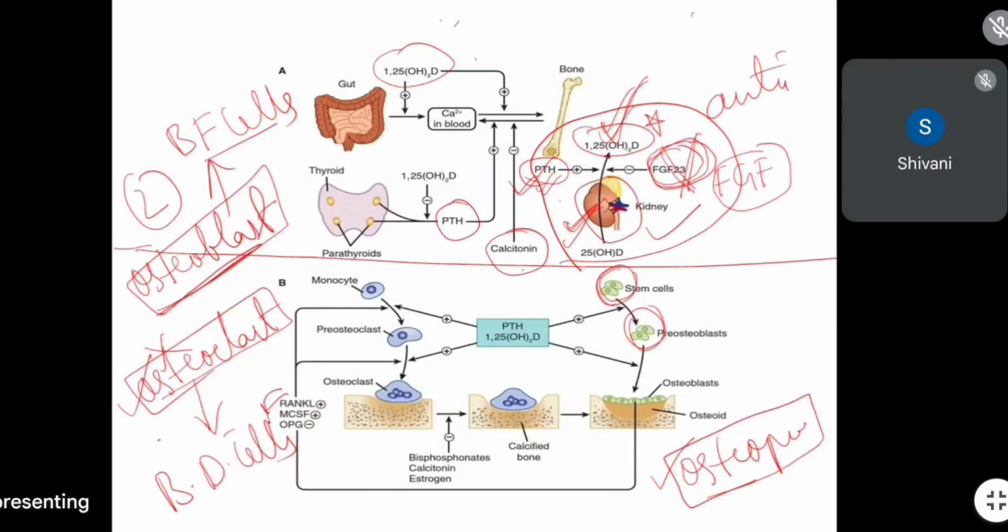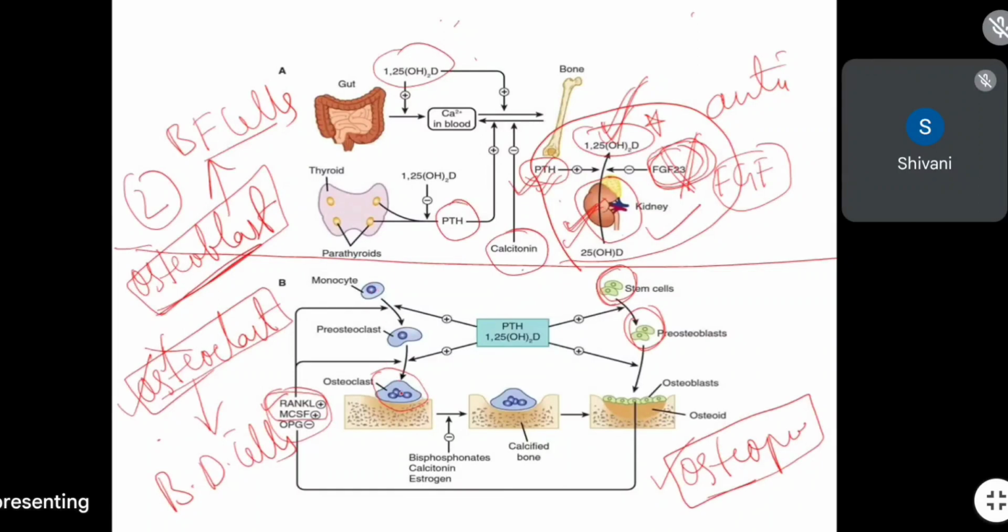These three compounds. Of these three, RANKL and MCSF, these two factors will increase the differentiation of osteoclast. Let me repeat the point. RANKL and MCSF, what are they doing? They are potentiating or improving the differentiation of osteoclast cells.